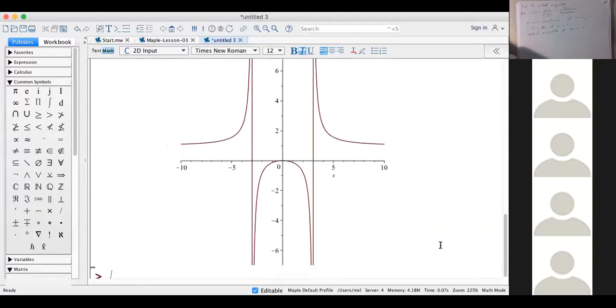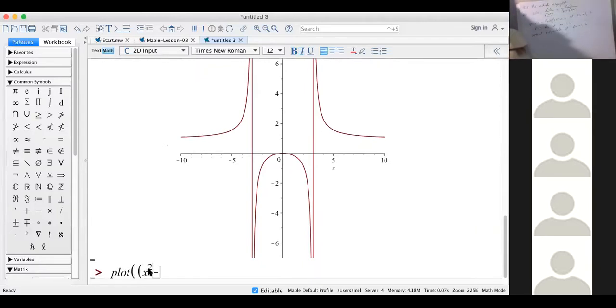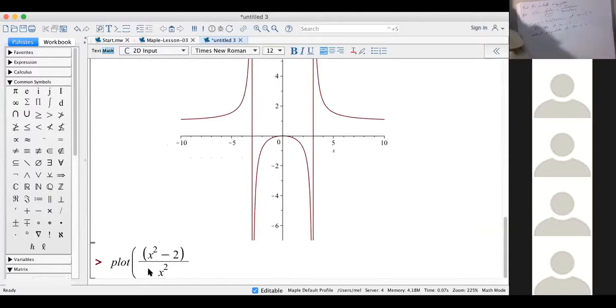And for fun, let's actually have Maple graph this function for us. So let's plot the function x squared minus 2 divided by x squared minus x minus 2.